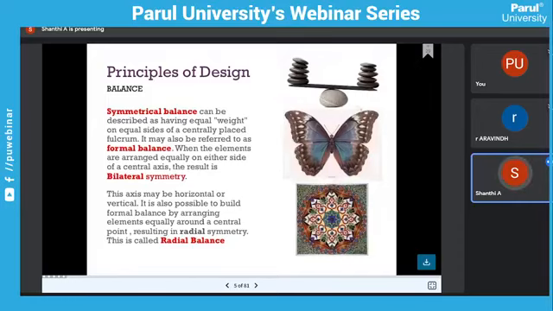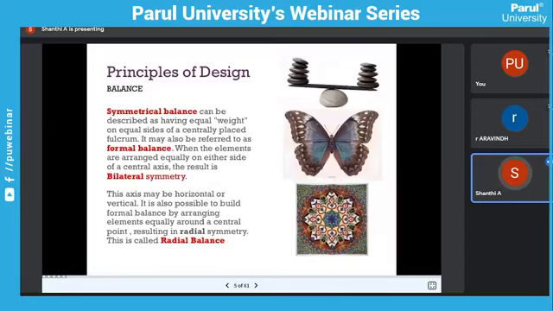The same pattern is followed, and the same color is followed. When we cut and flip this, we can have this similar kind of reflection on the other side. So we call this formal balance, and this could be the bilateral symmetry, where we have an equally balanced image that can be flipped to the other side.